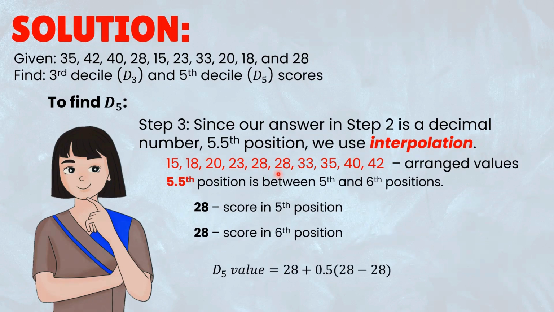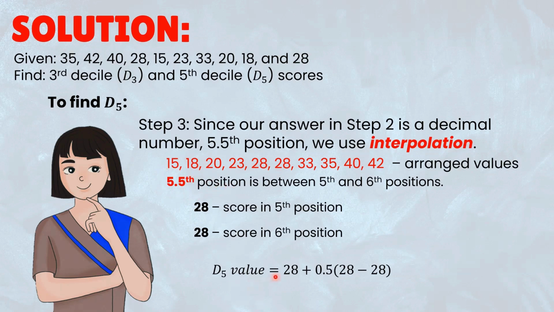Now, to find the decile 5 value, we have to add the fifth score and the 0.5 score. So 5 plus 0.5 gives us 5.5 score, which corresponds to 5.5 position.